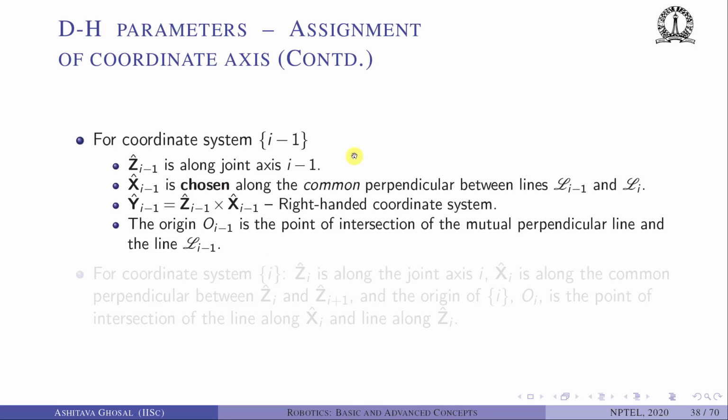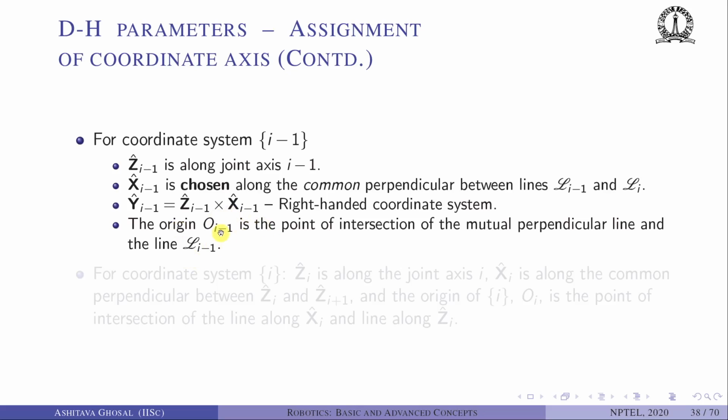As I was saying, for coordinate system I-1, Zi-1 is along the joint axis I-1. Xi-1 is chosen along the common perpendicular between lines Li-1 and Li. Yi-1 is Z cross X, which forms the right-handed coordinate system. The origin Oi-1 is the point of intersection of the mutual perpendicular line and line Li-1.